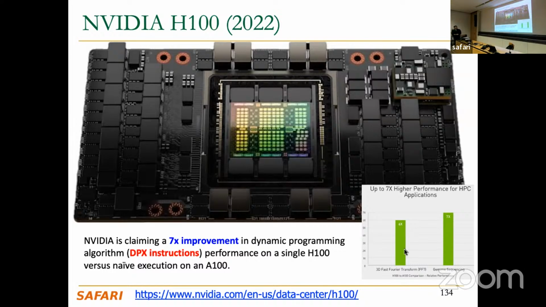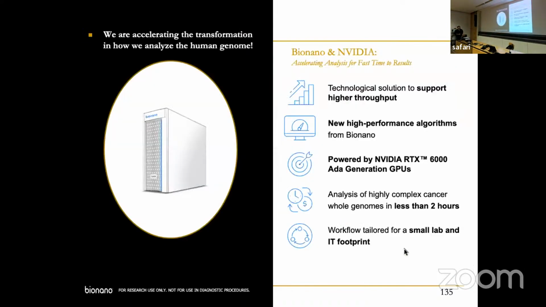In this H100 architecture, there are specialized units so that your dynamic programming computation will be faster. So whatever workload is based on these dynamic programming operations will eventually be accelerated.